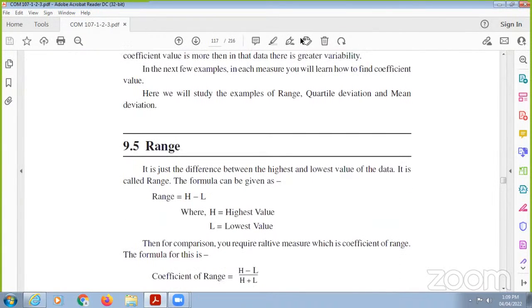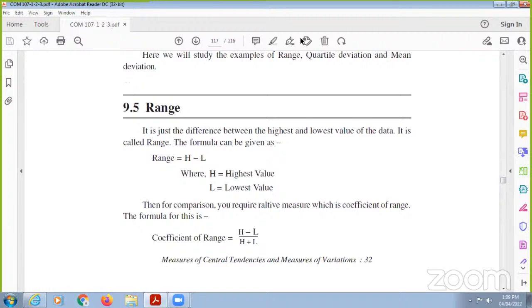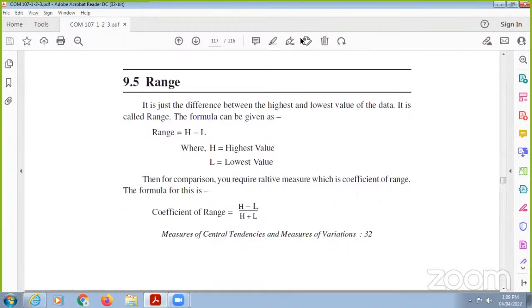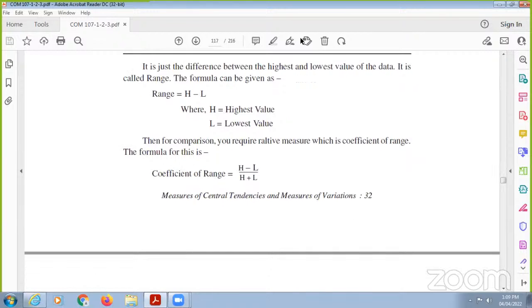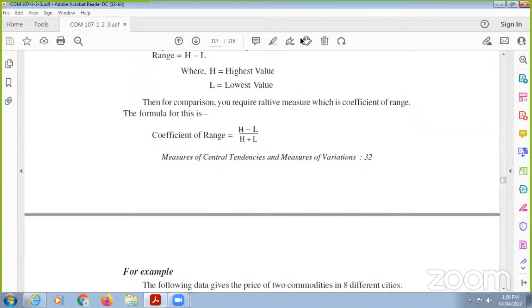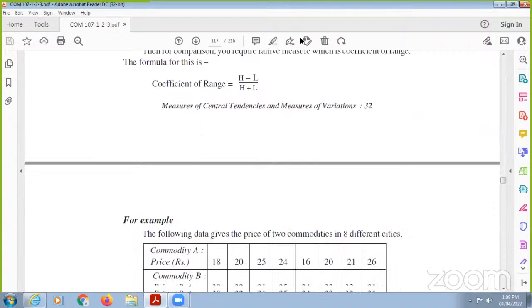This is the coefficient of range for product B. Range is generally used for price sensitivity, like gold, silver, etc. In a general sense, we use this term, like when giving the marks of students as a range between 50 to 60, which gives the range of the passing percentage of that class. There are also some merits and demerits of the range.